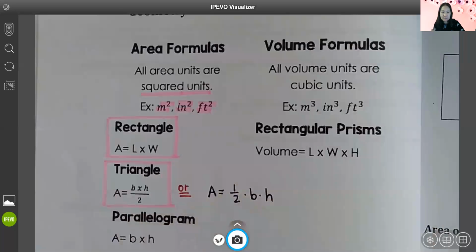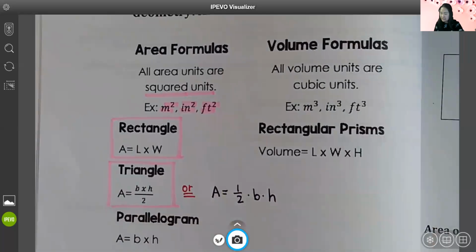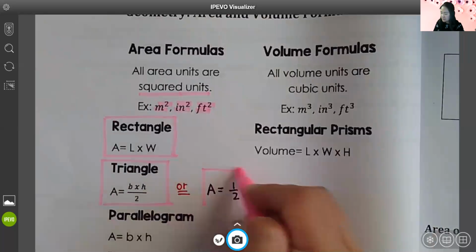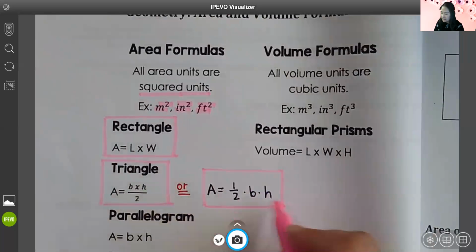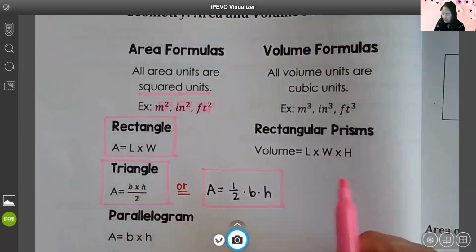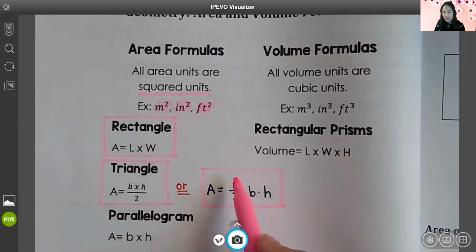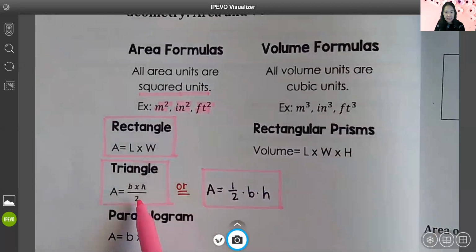They mean the same thing. Base times height divided by 2 is the same as 1/2 times base times height. Multiplying by 1/2 means the same as dividing by 2.